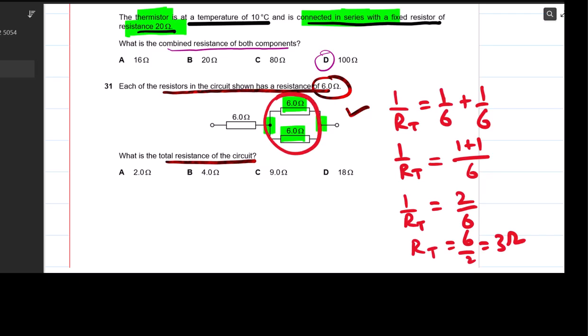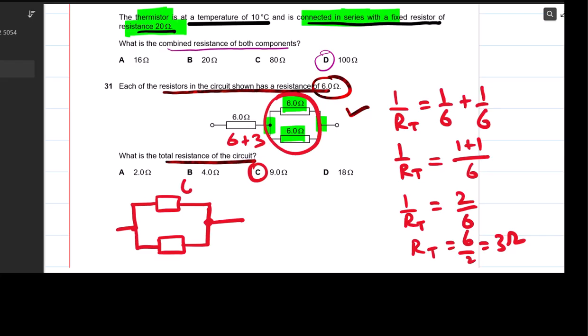So 6 plus 3 is 9. But dear learner, remember, whenever two resistors are connected in parallel and having same resistance, their total becomes half, which will be 3 ohm. Remember this. If it is going to be 9, then its half will be 4.5 ohm.